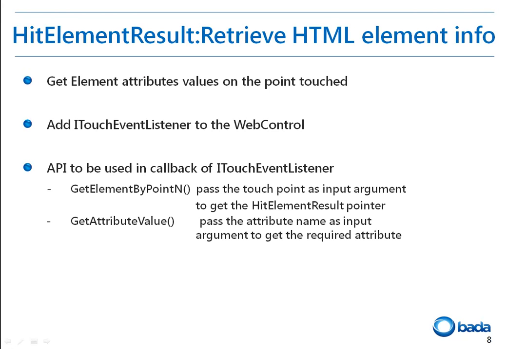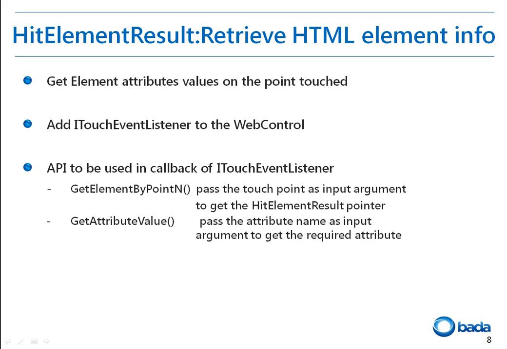After the web page is loaded, you can retrieve information such as the tag name, attributes, character data, images, and URLs about the HTML elements that have been clicked on the loaded web page using the Web Controls HitElementResult class.